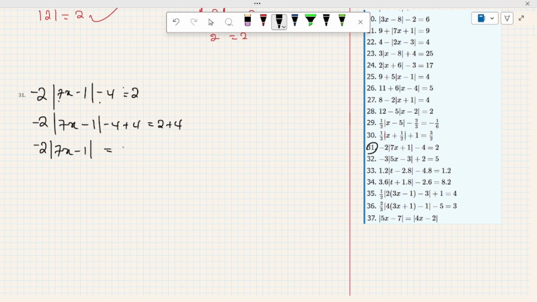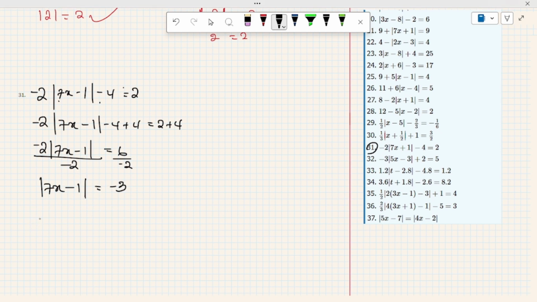So negative 2 multiplied by the absolute value of 7x minus 1 equals 6. Now we're going to divide by negative 2, so the absolute value of 7x minus 1 equals 6 divided by negative 2, which is negative 3.